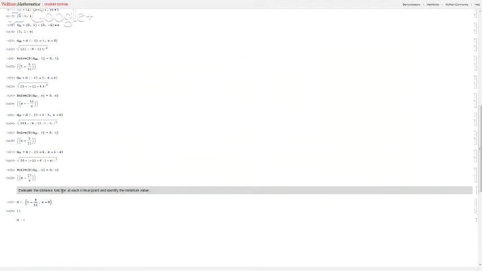Now I have d evaluated at t is 1 and s is negative 11 over 6.